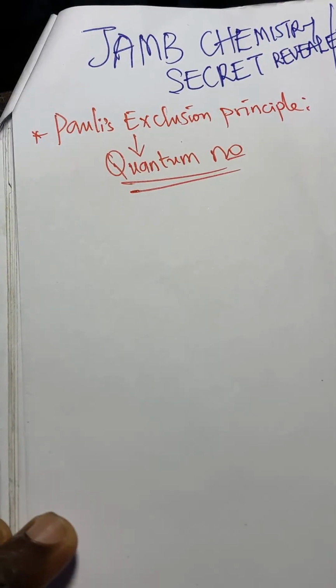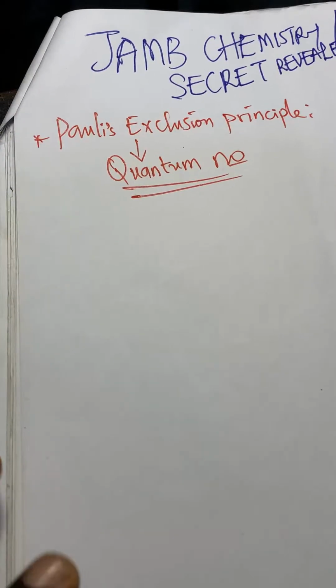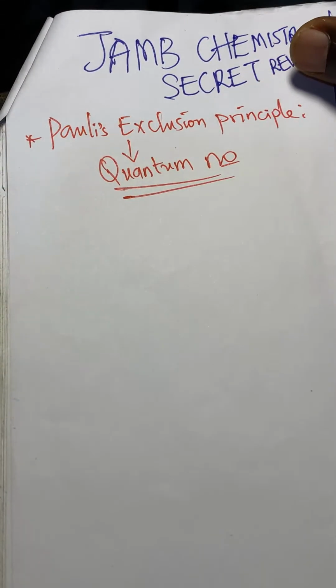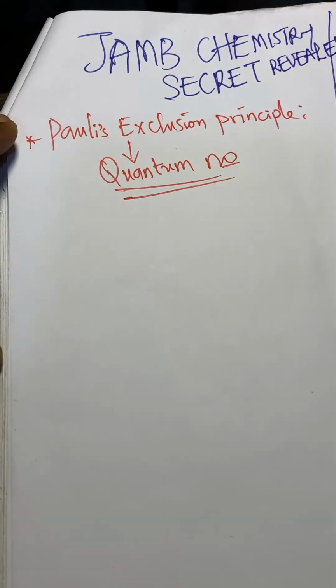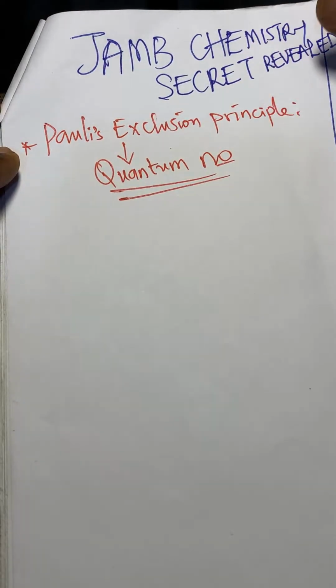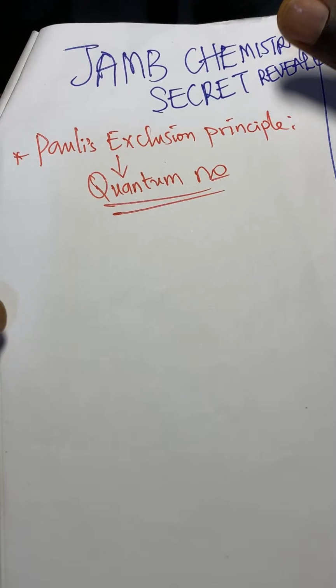We said so many things about matter, pure substances, impure substances. I gave you the percentage test for purification or purity of substances. There are so many things for us to talk about, but I have to do everything possible to make sure that I give you the concise version of it.